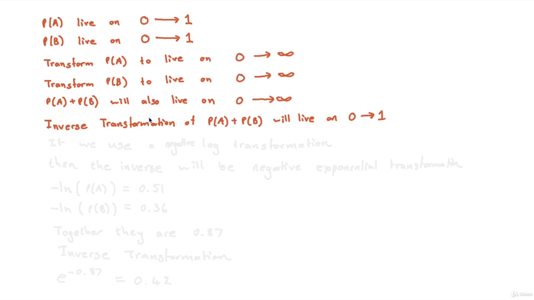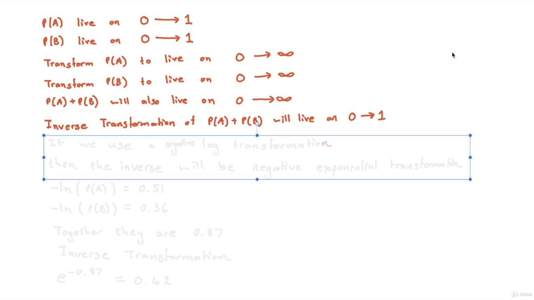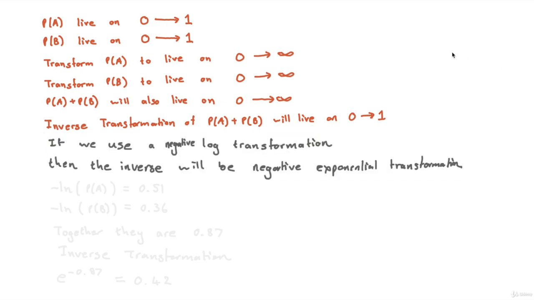Now that is a very, very advanced idea. So let's maybe see it in action with our example. Our generator function in this case is going to be a negative log transformation. This will take any number between 0 and 1 and put it on a state space of 0 to infinity.